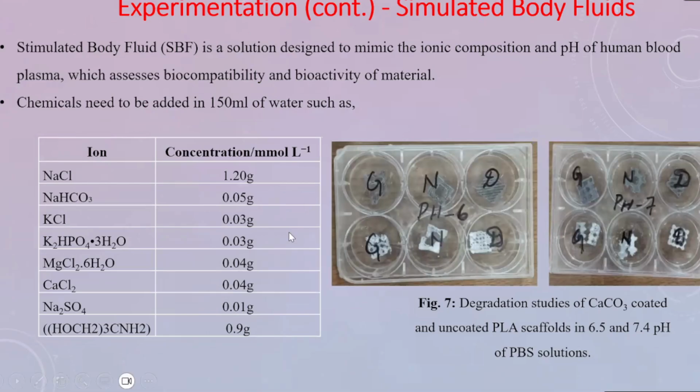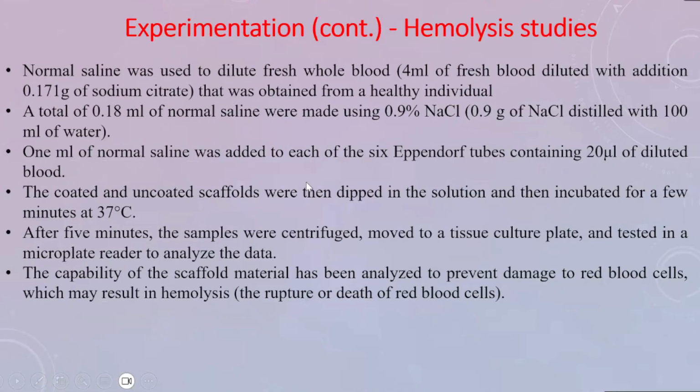We also studied with simulated body fluids. This is the gyroid, neovius, and diamond. That's how we created the simulated body fluids, with the composition of various chemical elements. From that result we came to some conclusions, like how we did these hemolysis studies.